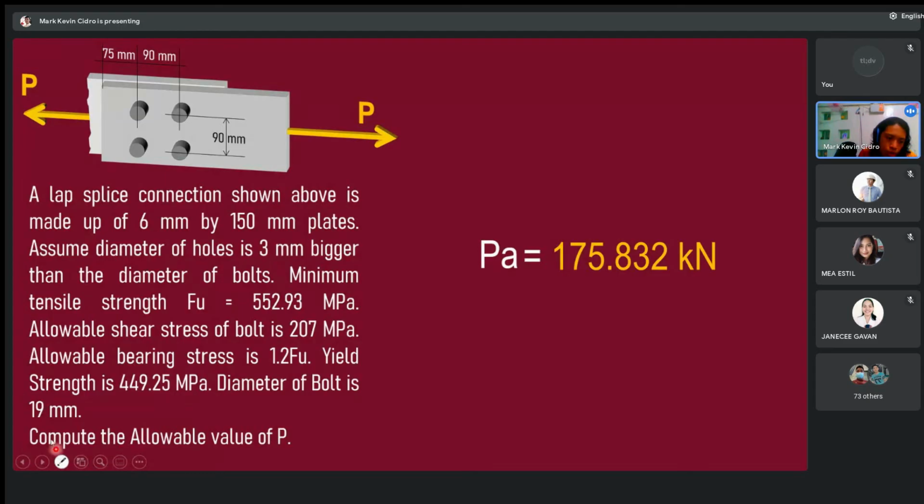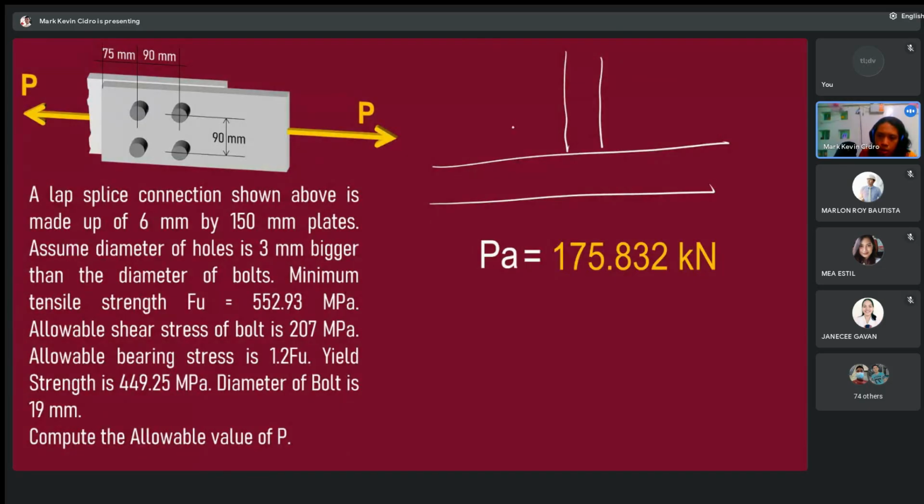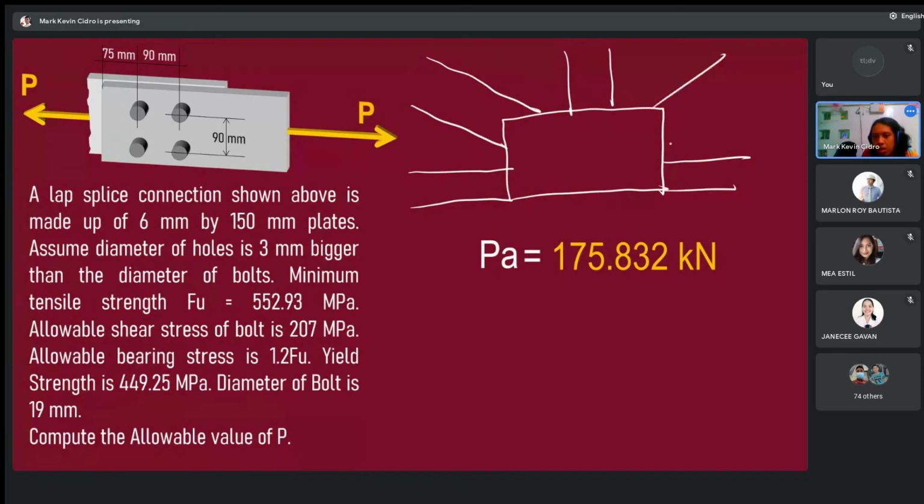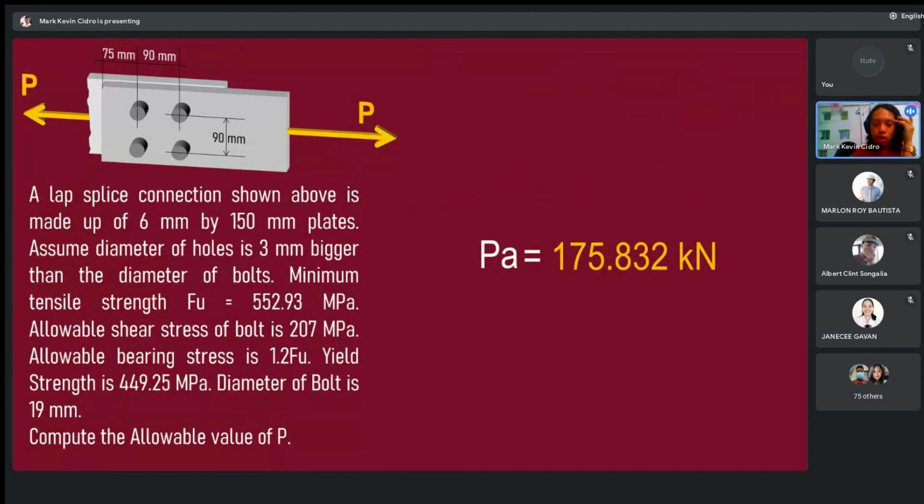There are members, and there are plates placed on them, and then there are bolts there. So these are tension members, where the member is subjected to tension. Any question so far?